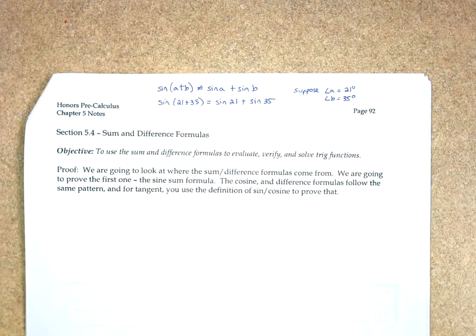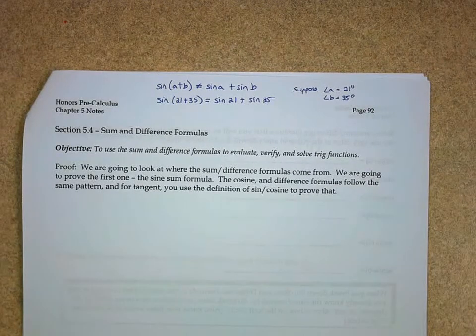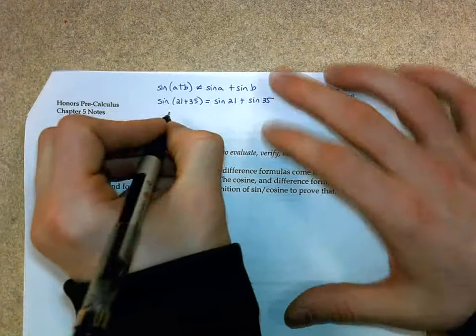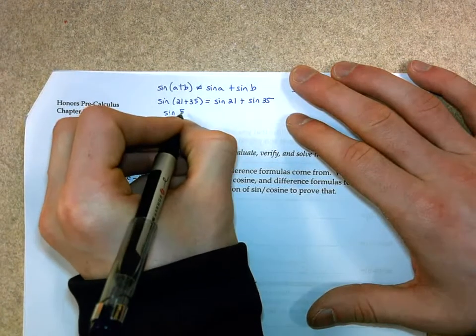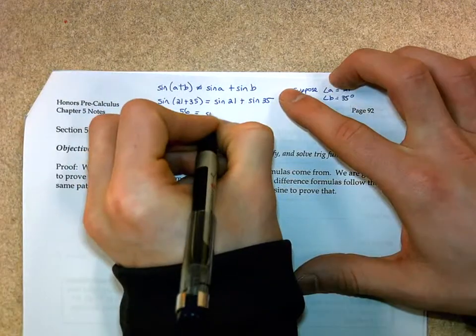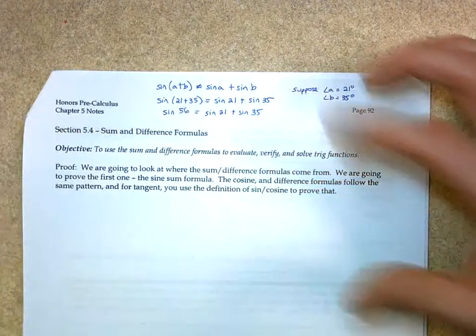Now I'm going to show that this is false, so that's why I've got that equal sign right here. In the end, we're going to see it doesn't work, but let's say this is true, and we're going to show why it doesn't work. So if I simplify inside my parentheses, 21 plus 35 is going to be the sine of 56 is equal to the sine of 21 plus the sine of 35.